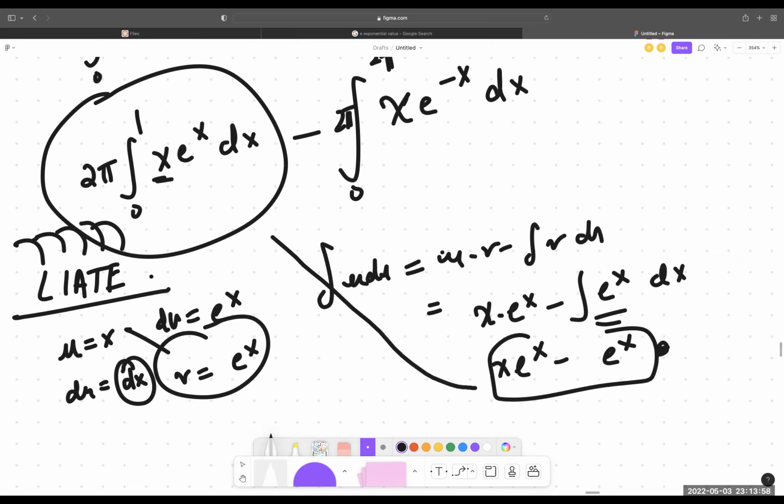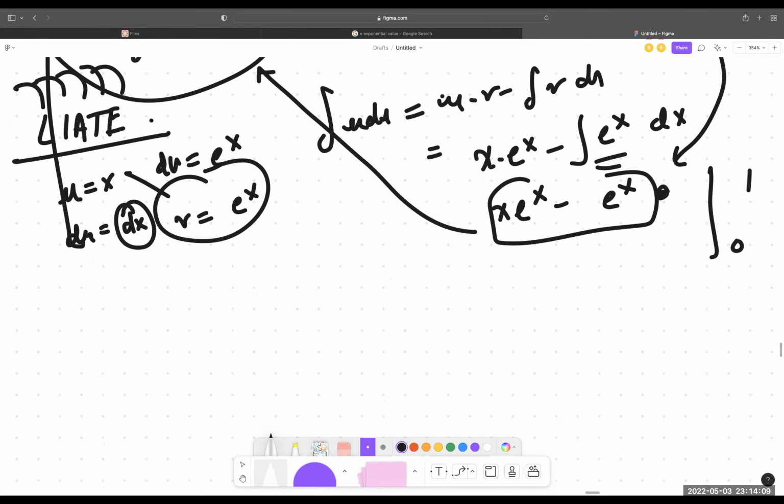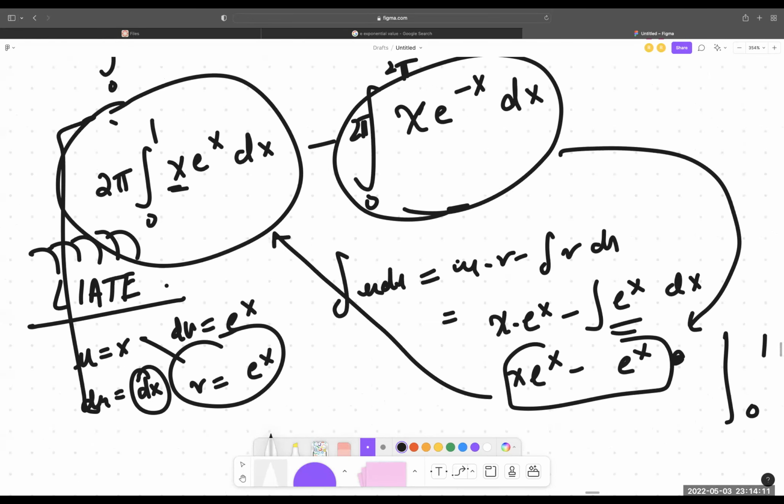And so that's this part, right? And then you do this part as well, and then just subtract that from that part, and then do that on the bounds of 0 to 1 for each of them. So just treat them as their own separate problems, and then combine them after you're done.